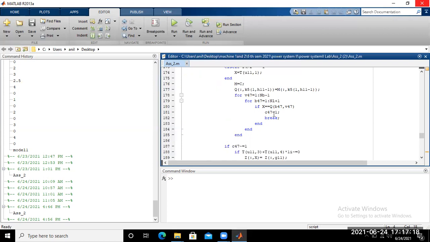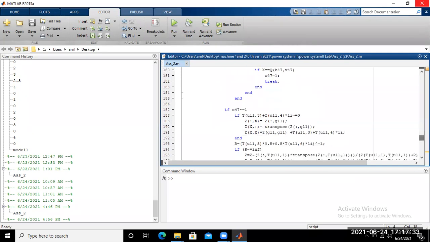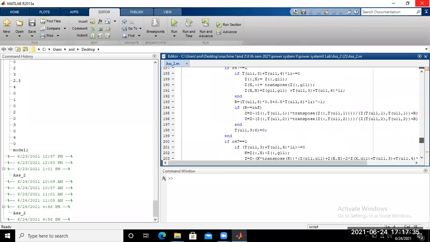If x equal to q, so v47 comma v47, so c47 equal to 1. Next is your break and stop the loop. Okay, next is your c47 equal to 1.